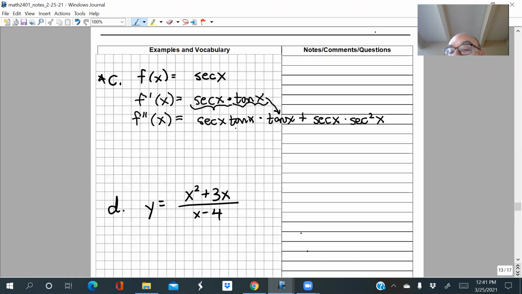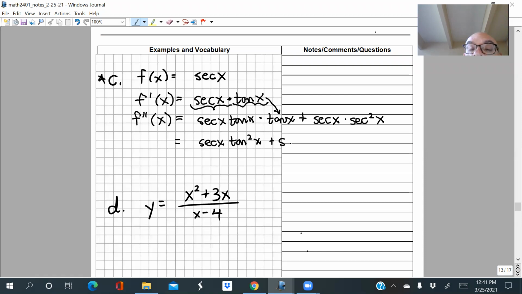So we end up with, well, this is a little bit messy, but it's not terrible. Secant times tangent, you can write that as secant x times tangent squared x, since we're multiplying tangent times tangent. And then here we have secant x times secant x, which is secant cubed x.